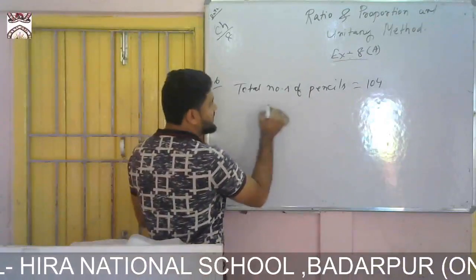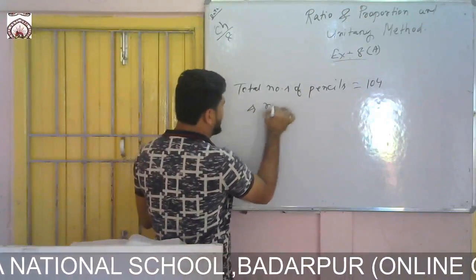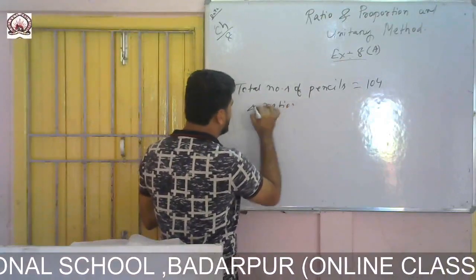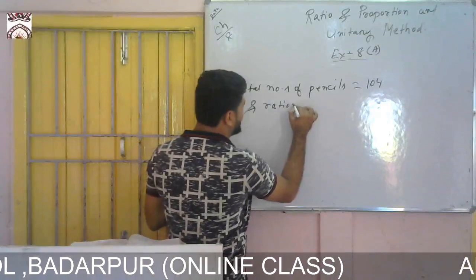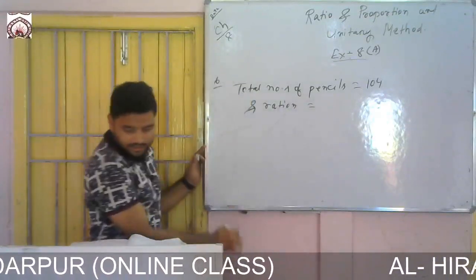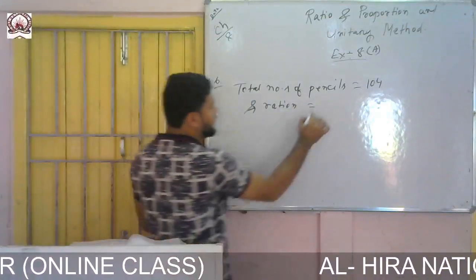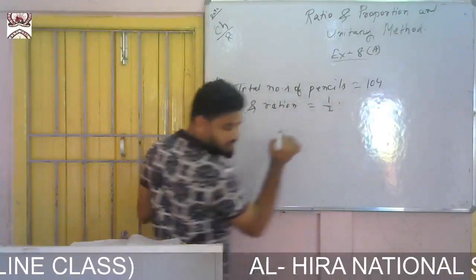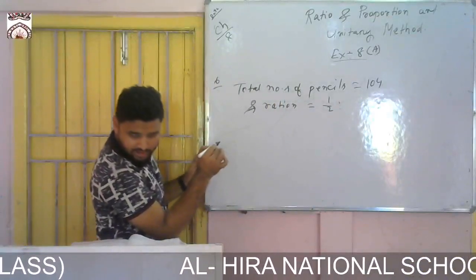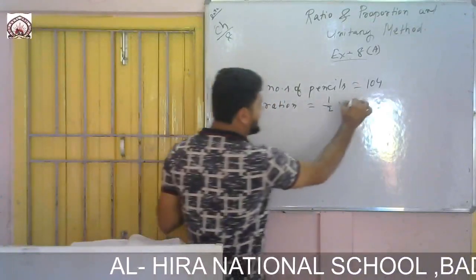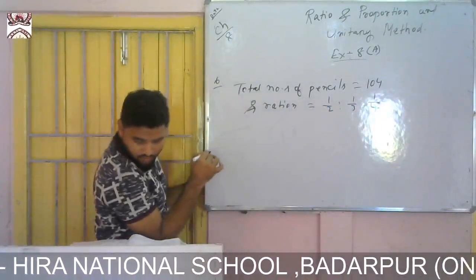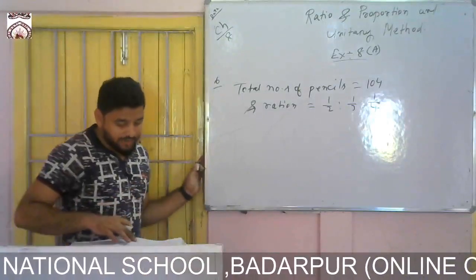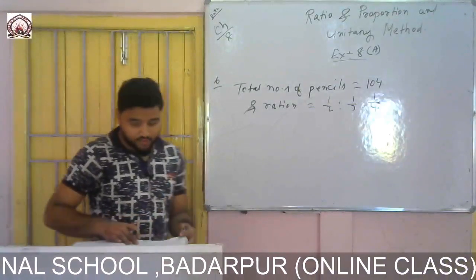Therefore, ratios are given as 1 by 2 is to 1 by 3 is to 1 by 4.